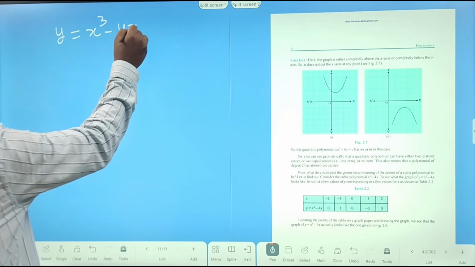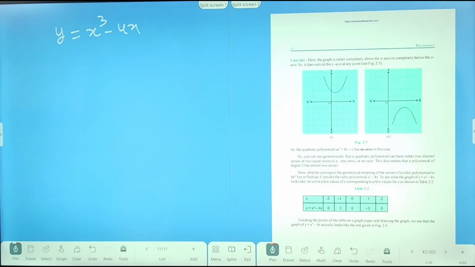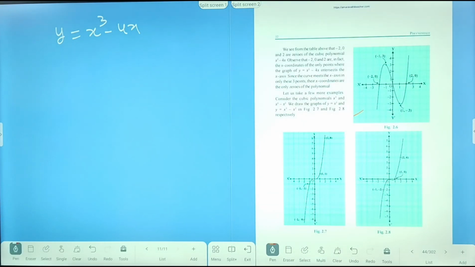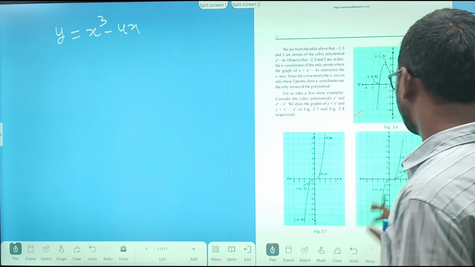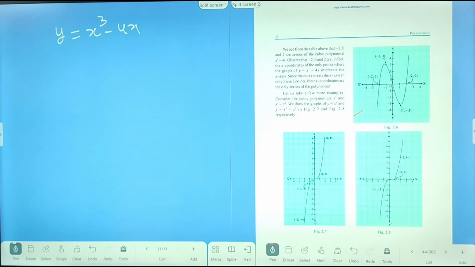X cube minus 4x means this is a cubic polynomial. For that cubic polynomial, we should draw the graph. It will touch the x-axis at 3 different points.